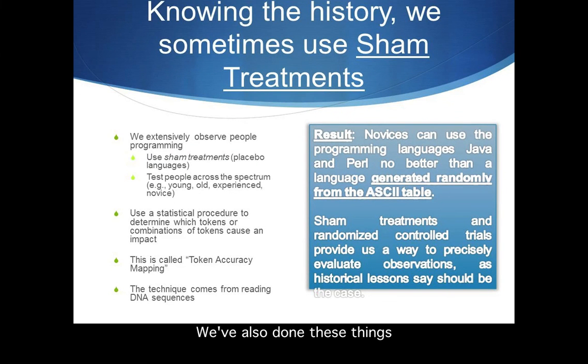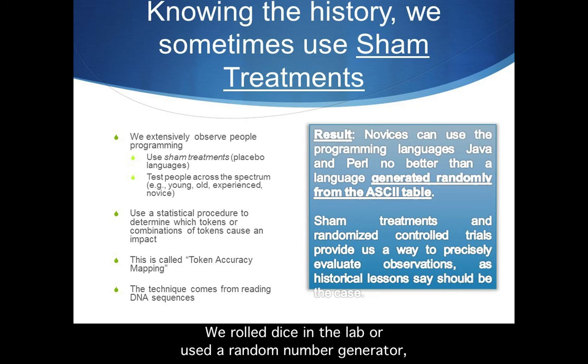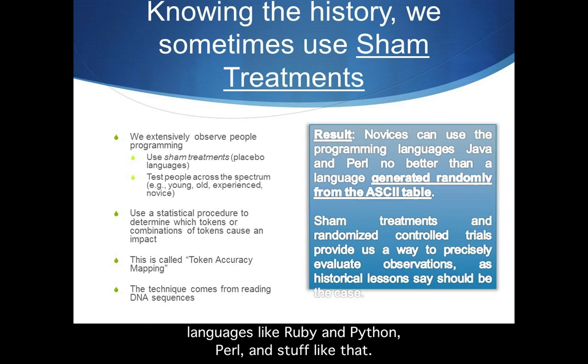We've also done these things called sham treatment experiments, very similar to how Benjamin Franklin did his experiments back in the day. And in that particular case, we found something, again, rather odd. We did an experiment where we basically randomly designed programming languages. We rolled dice in the lab or used a random number generator. And when we do that, we compared the initial use of the language to several other languages like Ruby and Python, Perl, and stuff like that.